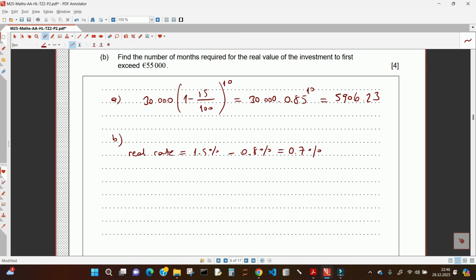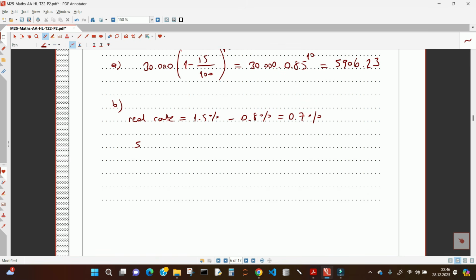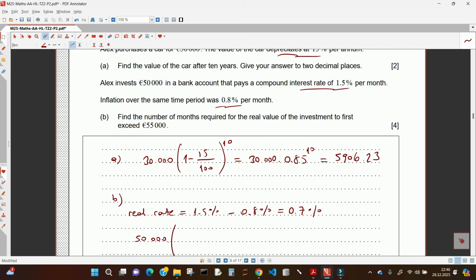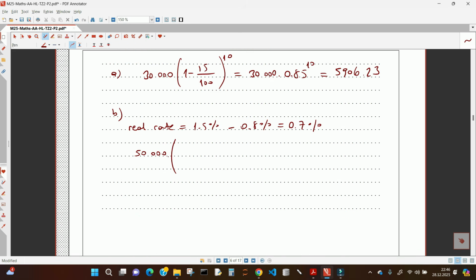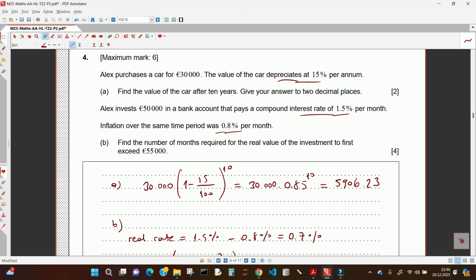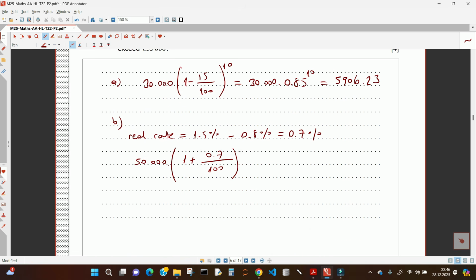And he invests 50,000 euro. The formula you can also check in the formula booklet is 1 plus 0.7 divided by 100, to the power of the number of months.